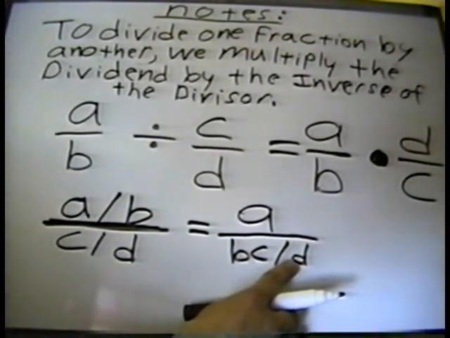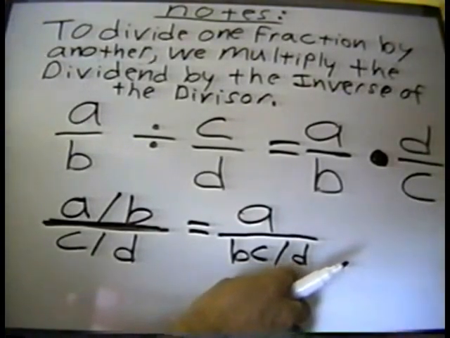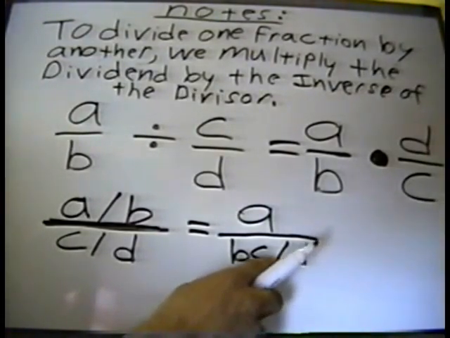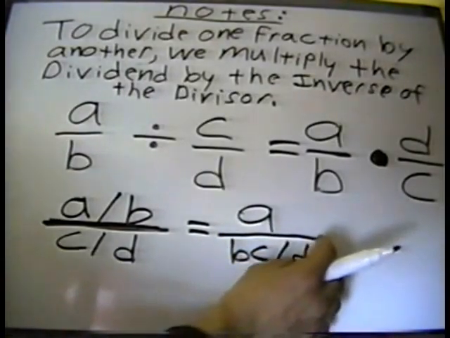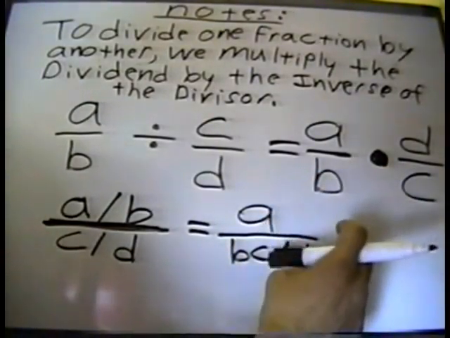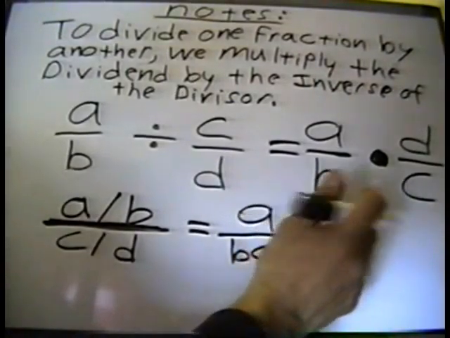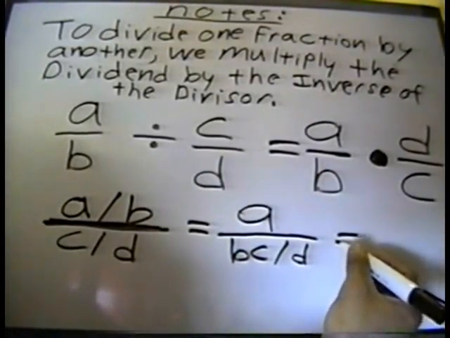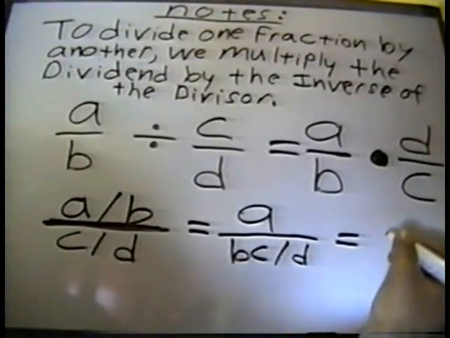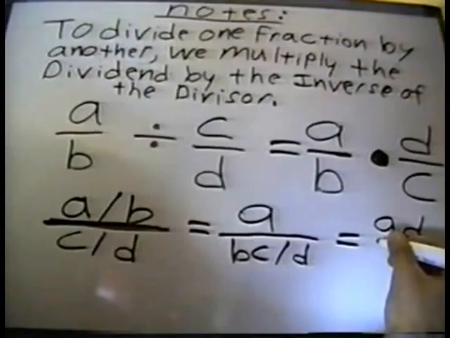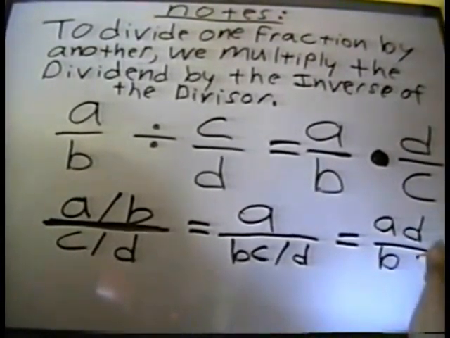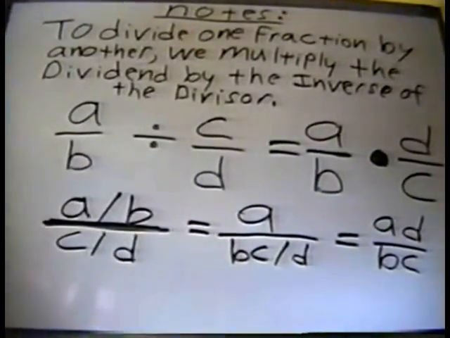Now D can be placed, it's being divided. So excuse me, D is a divisor of a divisor, so it goes in the numerator's position on the top of what it is dividing. And you're going to end up with AD over BC.